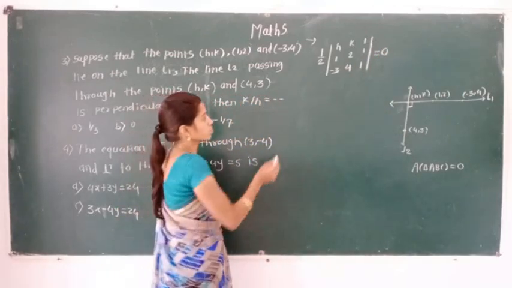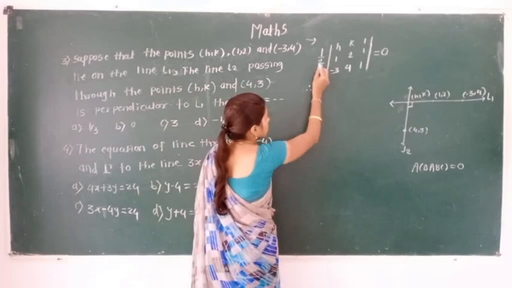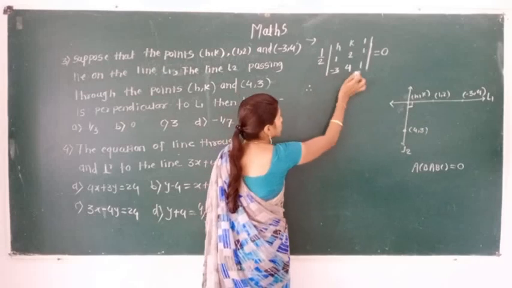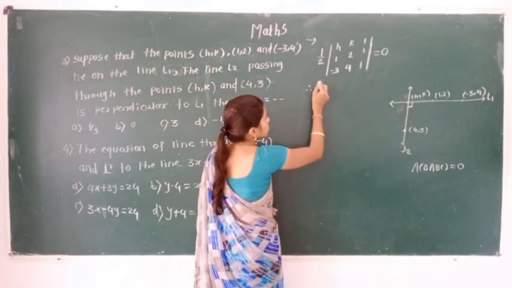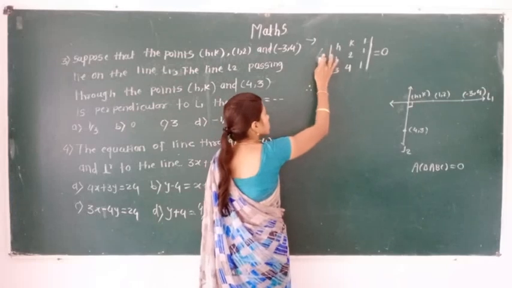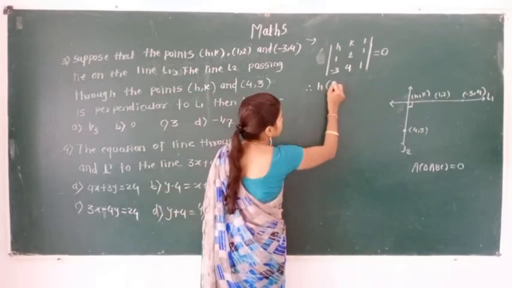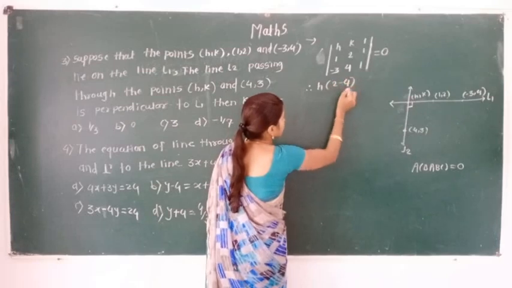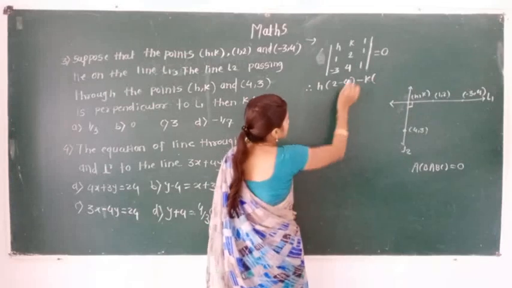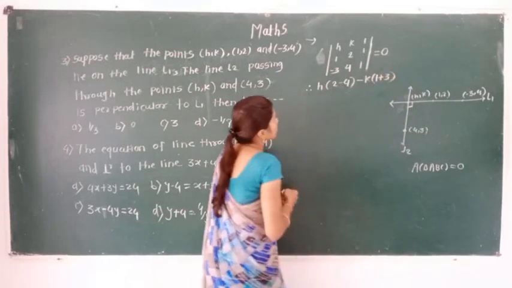Okay, now first of all simplify this condition. We write here half transposed to this side, we get 0. Expansion of this determinant gives h in bracket 2 minus 4, minus k in bracket 1 minus minus 3, which gets plus 3.